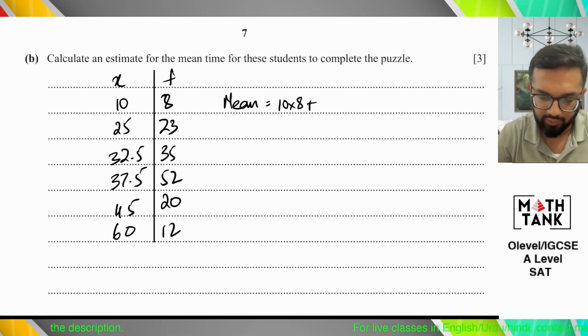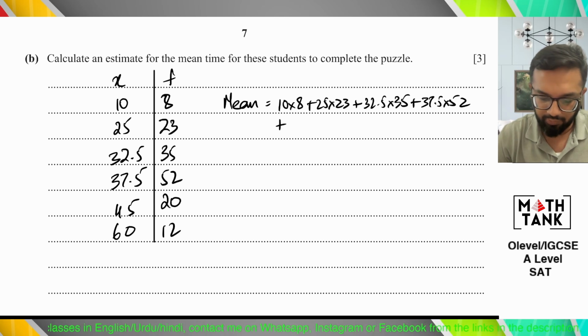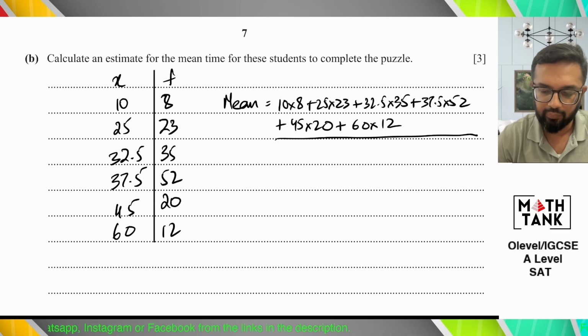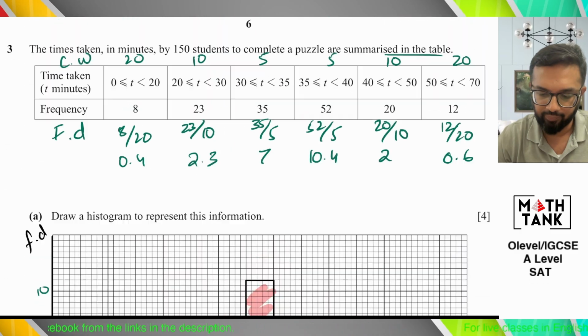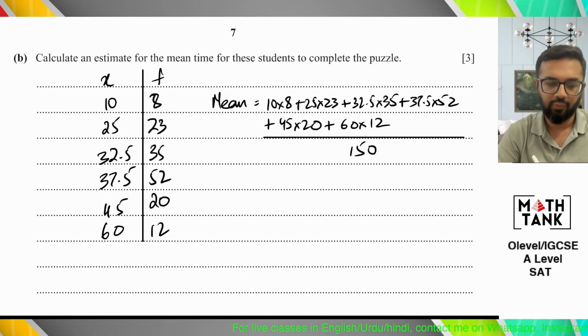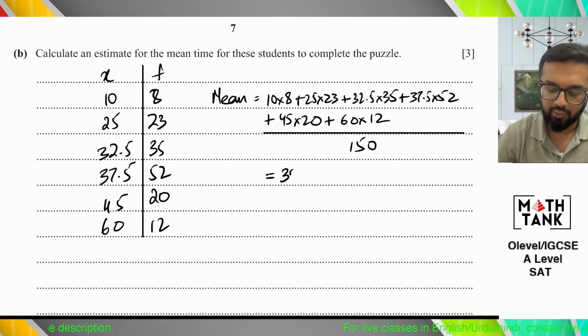So 10 times 8 plus 25 times 23 plus 32.5 times 35 plus 37.5 times 14 plus 45 times 20 plus the remaining term, which gives 35.7.